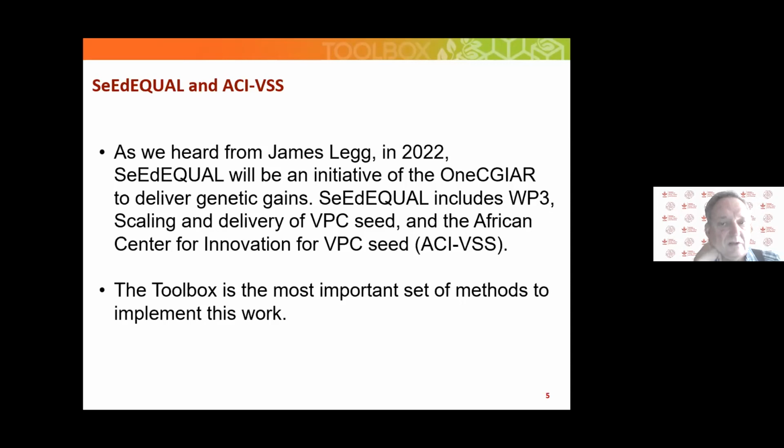It also includes the African Center for Innovation for VPC seed. Now, this toolbox is the most important set of methods to implement the work of Seed Equal and the ACI VSS.